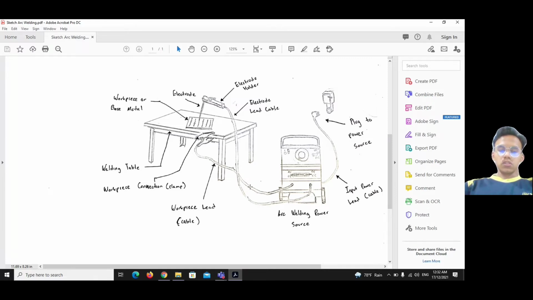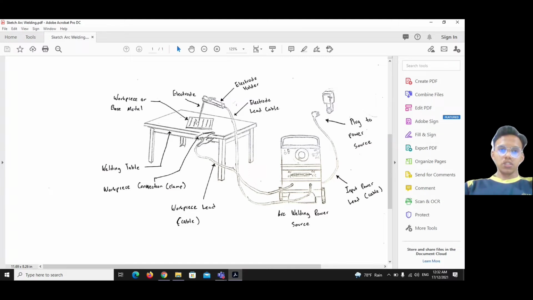This wire is for the workpiece connection clamp. We call it a clamp. This one is for the electrode for arc welding. So we have the electrode holder, electrode lead cable, and electrode.